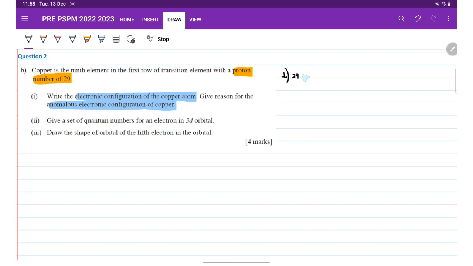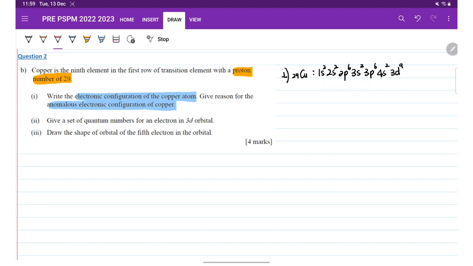So for copper 29, the electronic configuration will be 1s2, 2s2, 2p6, 3s2, 3p6, 4s2 and 3d9. So if you write straight away, calculating from its proton number, the number of electrons, we will have an electronic configuration like this.